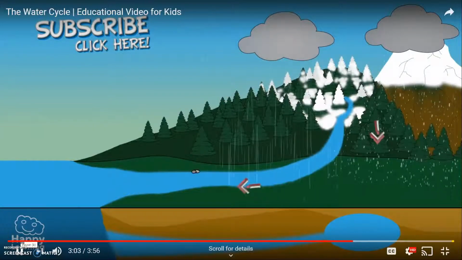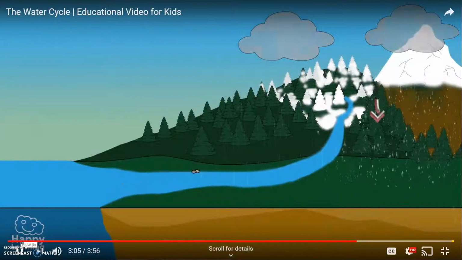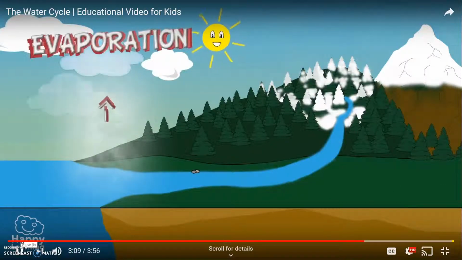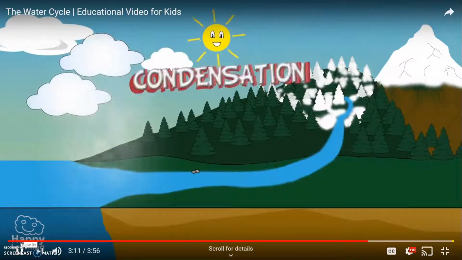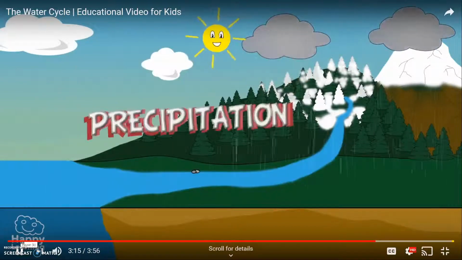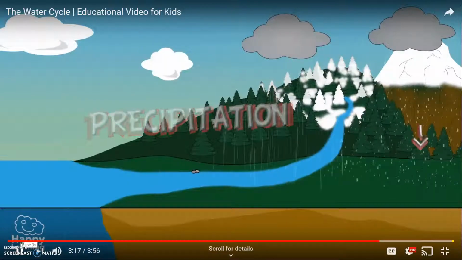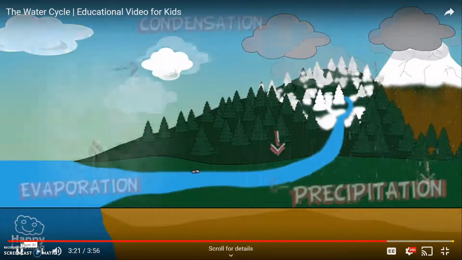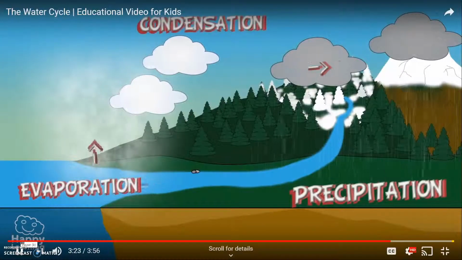When it arrives at the big blue sea, it will once again begin the process. Evaporation, condensation, precipitation. That is why it's called the water cycle, because it forms a never-ending circle.